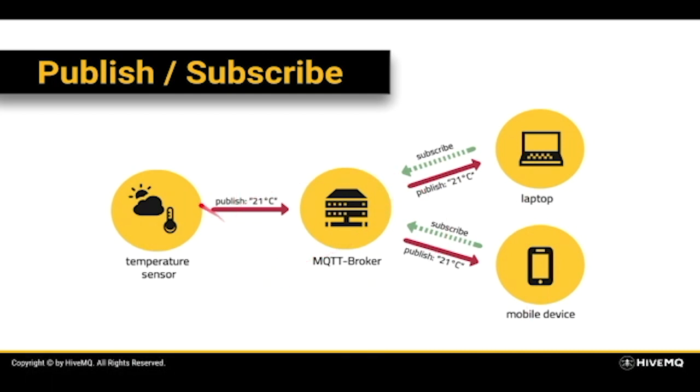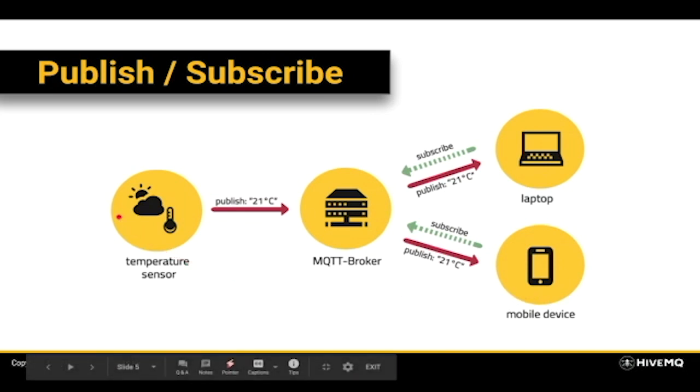Each client can be a publisher, a subscriber, or even both. All communication goes through the central component, the broker, and is based on so-called topics. For this graphic, we can assume that the topic is temperature.